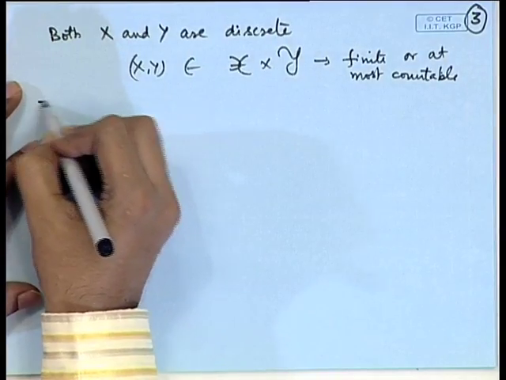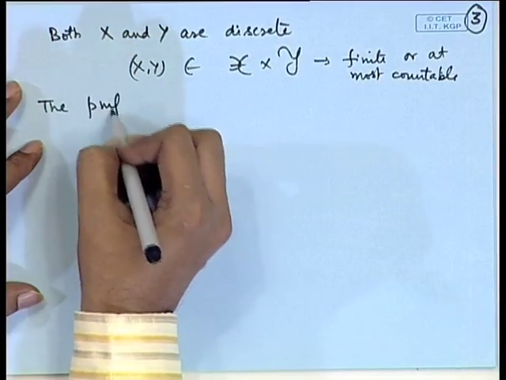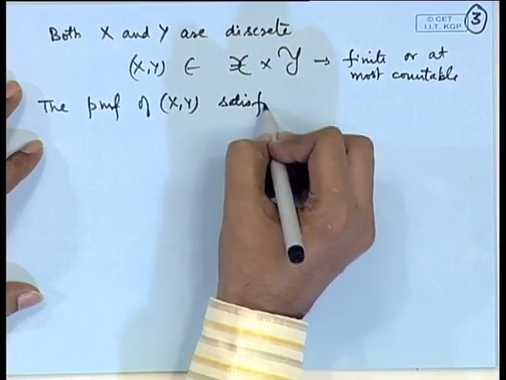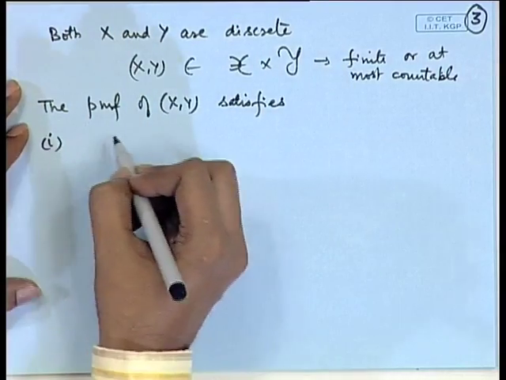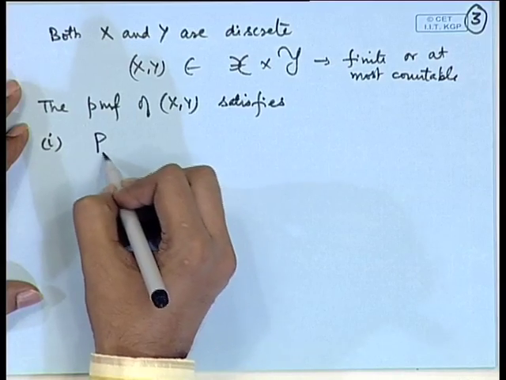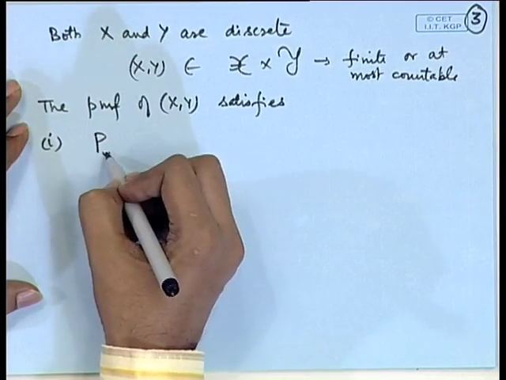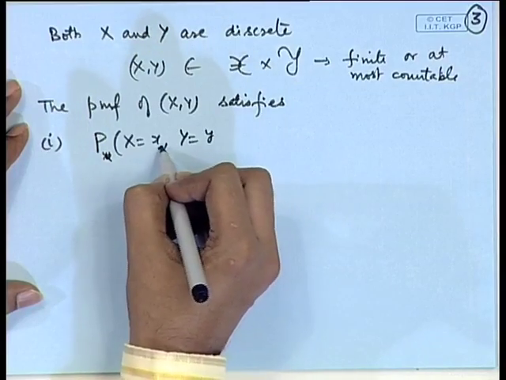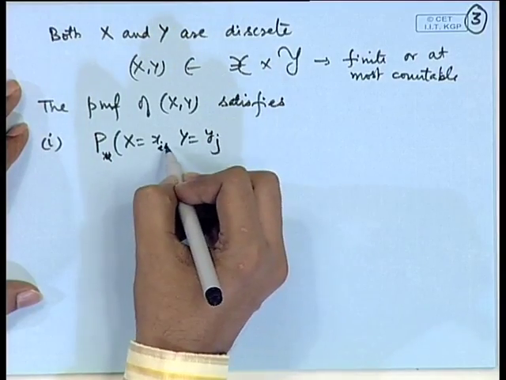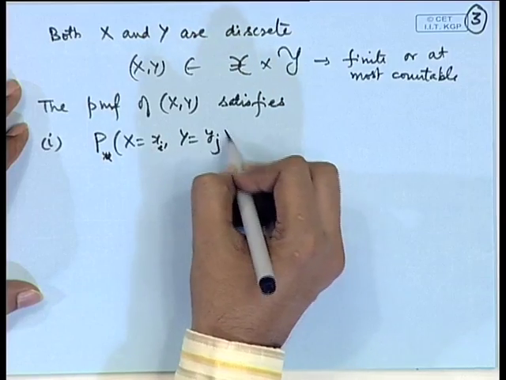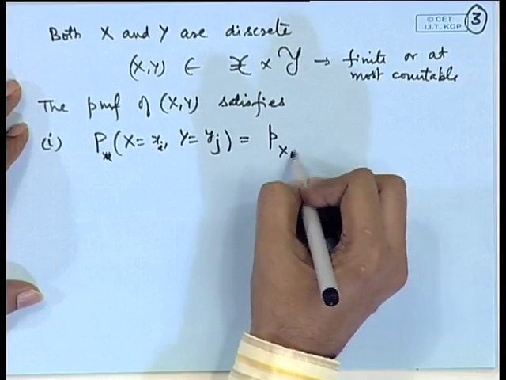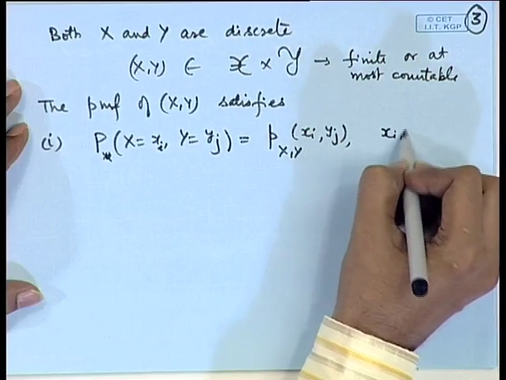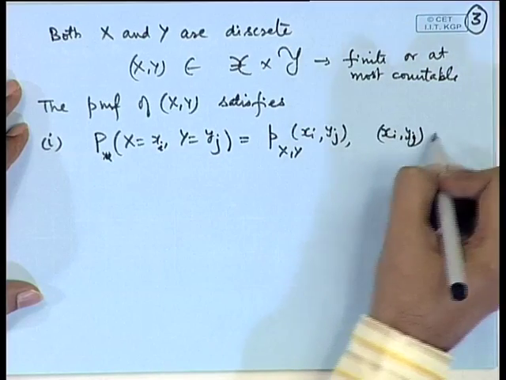In this case the probability mass function of (x, y) will satisfy p_{XY}(x_i, y_j) = probability X equal to x_i, Y equal to y_j, because the values are at most countable, so we can enumerate them. This is p_{XY}(x_i, y_j) for all (x_i, y_j).